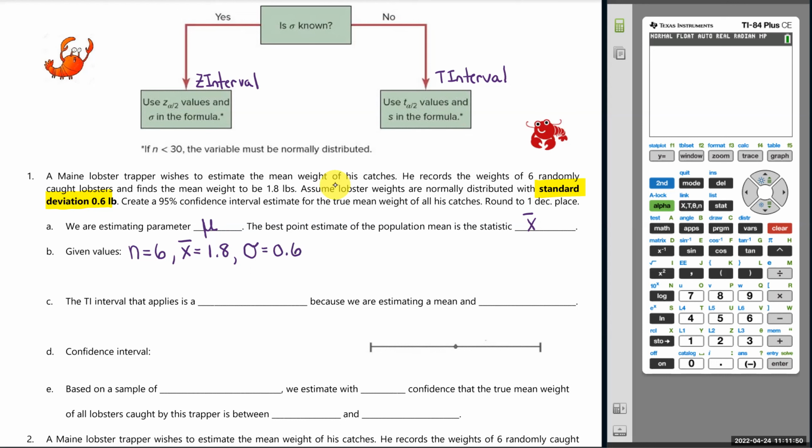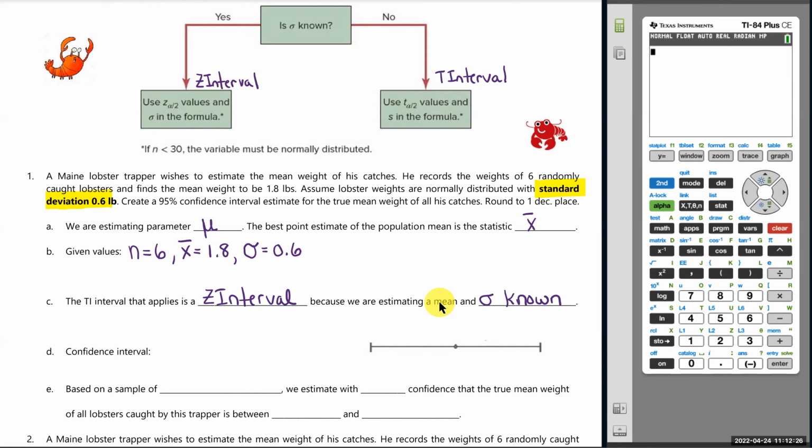If it doesn't say the standard deviation is for the 6 lobsters, then it's not. That's the general guideline: if it doesn't say the numbers are related to the sample data, then we assume they're the values for the entire population. So we know the sigma value, and this is why a z-interval applies. We're estimating a mean and sigma is known.